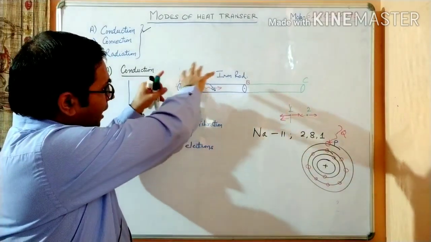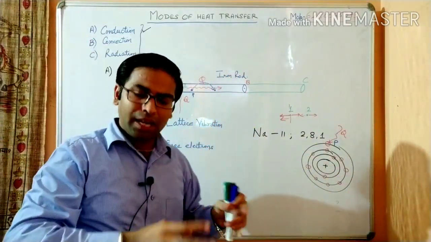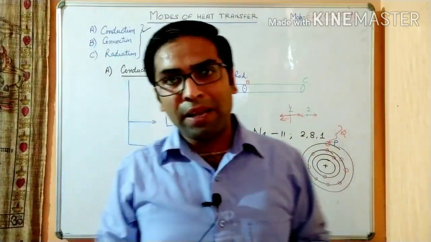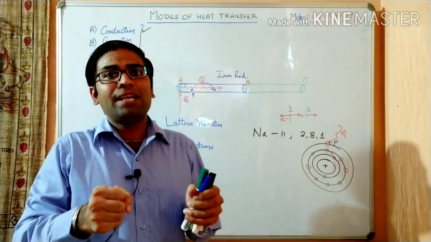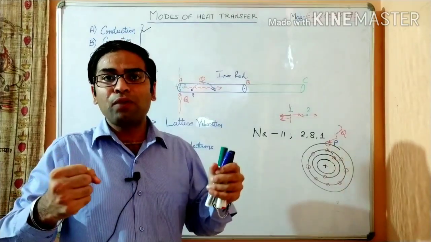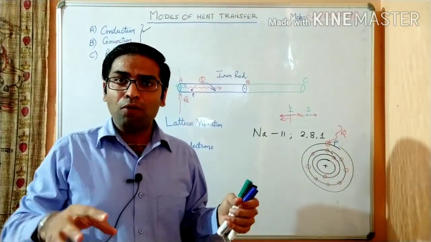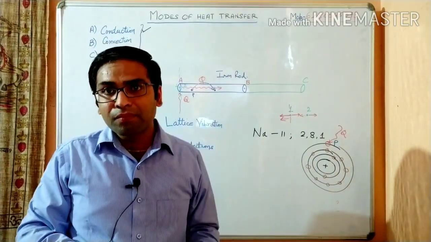So within the material, which is a metal, there are a number of free electrons present. These free electrons, when they acquire heat, immediately jump within the metal from one atom to another atom.